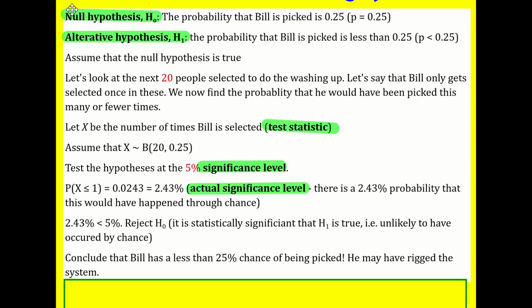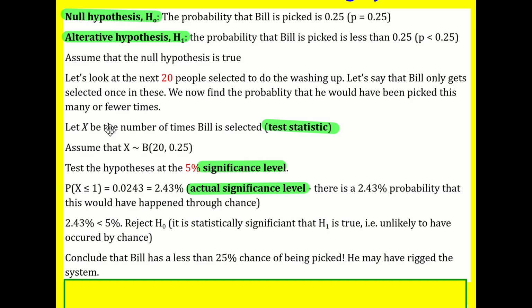I'm just going to summarize. We get a null and an alternative hypothesis. The null one is the one that we can actually test. We then assume that it's true, and we're going to construct a test statistic which follows some sort of distribution. We're looking at binomial here. You can look at other distributions, but we've been studying binomial. We're going to start with that.